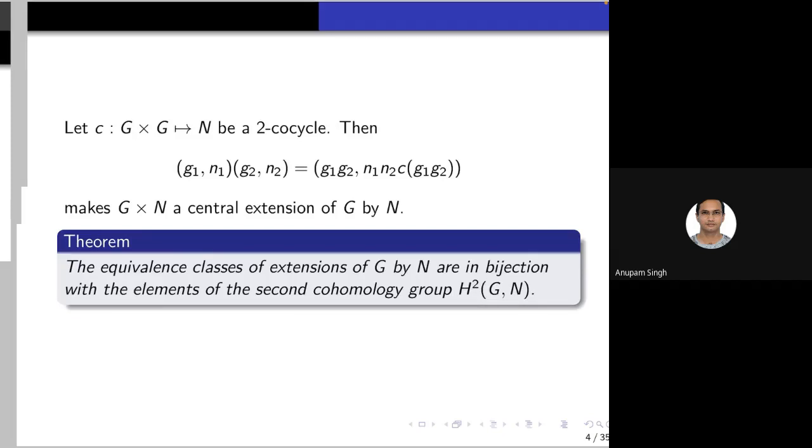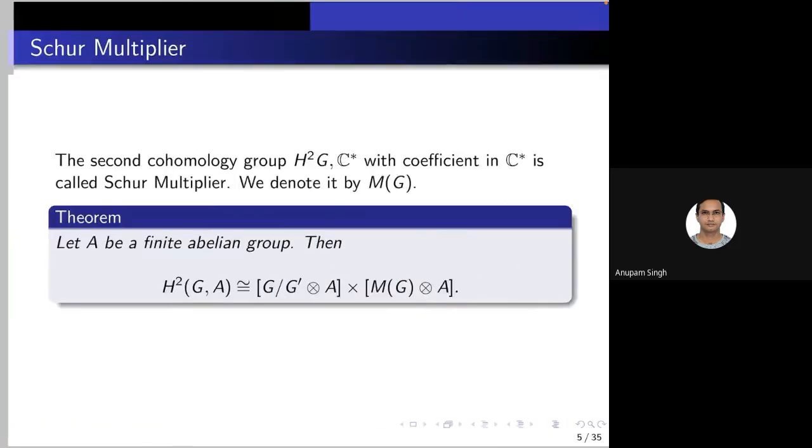In this way, H2(G, N) gives us an idea of how many groups at most can be constructed from a group of order p to the power n minus 1 as a central extension. Now I have still not defined what the Schur multiplier is. The second cohomology group with coefficients in C star is called the Schur multiplier, and we shall denote it by M(G).